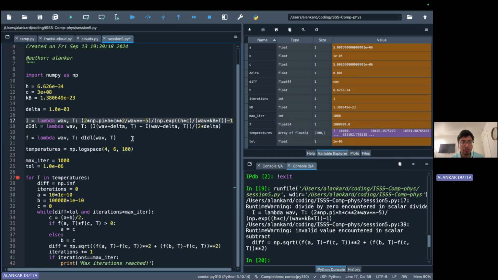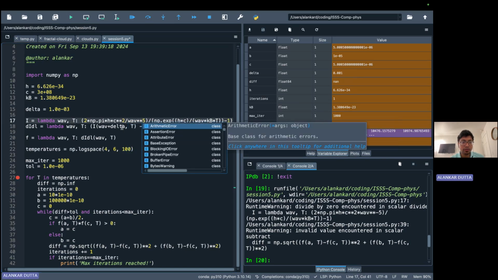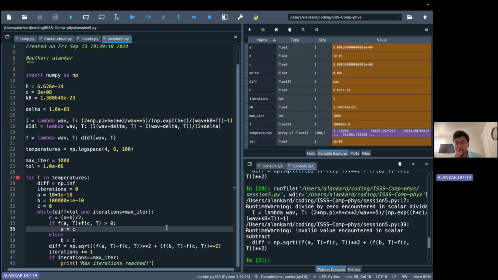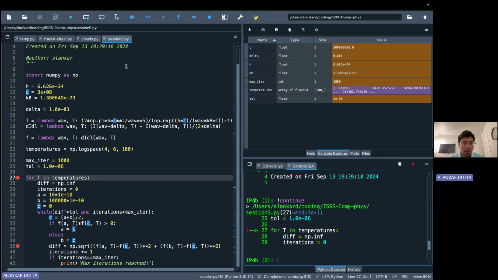This can also be written something like this, just to get the same thing in here. Let's run the code once again.